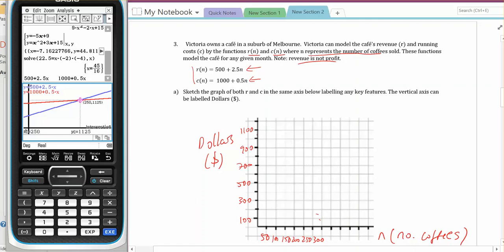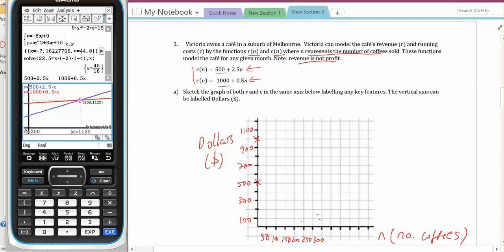Okay, we'll do it like that. So I know my intercepts are at 500 and 1,000. If you're not sure, then just go Analysis, G-Solve, y-intercept. Okay. So I've got an intercept at 1,000, so here, and an intercept at 500, which is here.